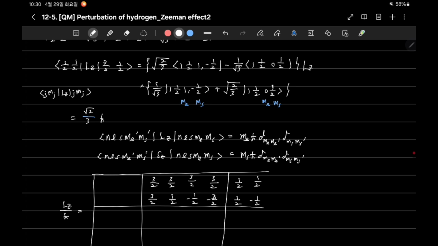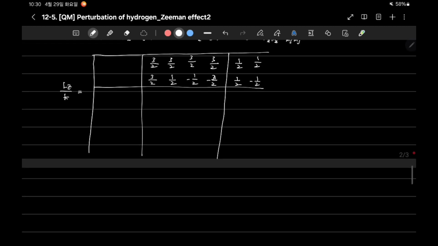It is a coupled basis, considering the spin coupled, but this one is not a coupled basis; it is an uncoupled basis, defined in each L and S. So here we are interested in the coupled basis expectation value, and also in the same 3/2 case: 3/2, 1/2, minus 1/2, and minus 3/2.